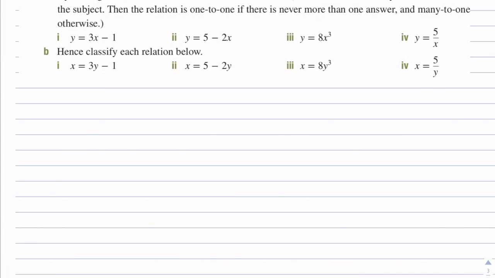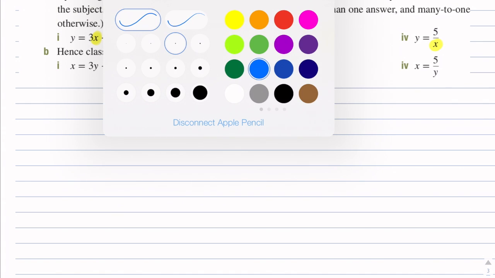Essentially, we want to rearrange it to get x as the subject. So this x as the subject, this x as the subject, this x as the subject, this x as the subject, and show that there's only ever one answer. If you're square rooting stuff, you get plus minus as the answer. We're showing that we're not doing that. Showing that is a great first step.